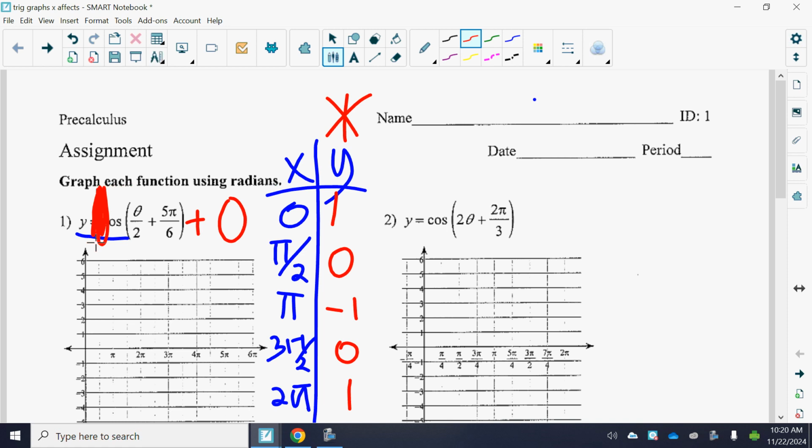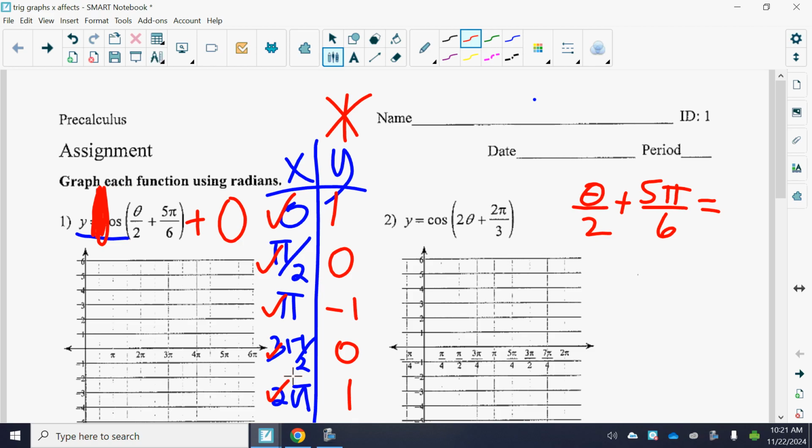All the effects are what we call inside jobs, they're all inside the function. Now, what did I teach you to do? Take your, sorry, I'd have x over 2, not theta over 2, and solve it for each of the x's. That's all you have to do, solve all of these for these 5 to see how they shift.